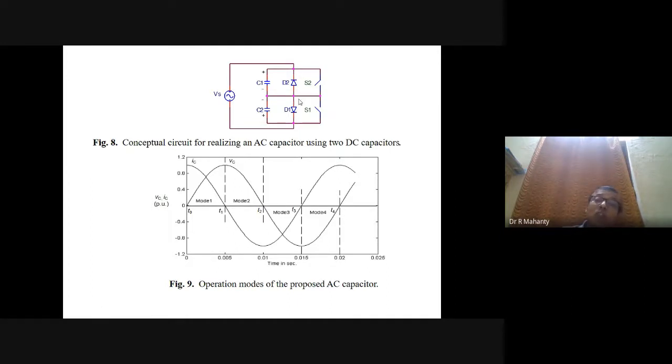Therefore, we are using switch S1 to discharge capacitor C1, and switch S2 to discharge capacitor C2. So by using two additional switches and two diodes with capacitors C1 and C2, we are obtaining the performance of the AC capacitor.